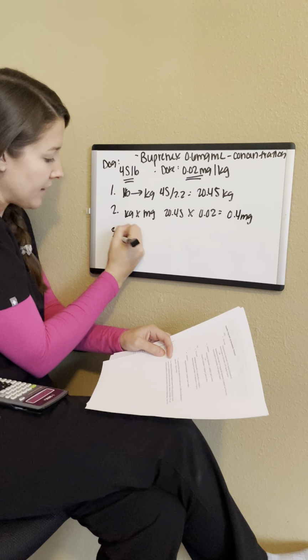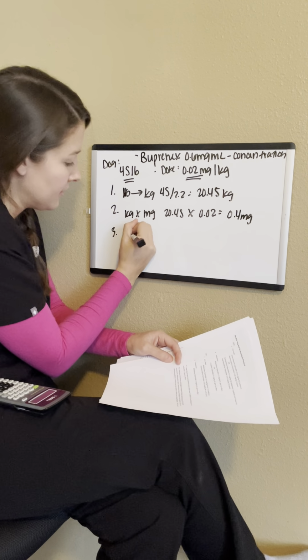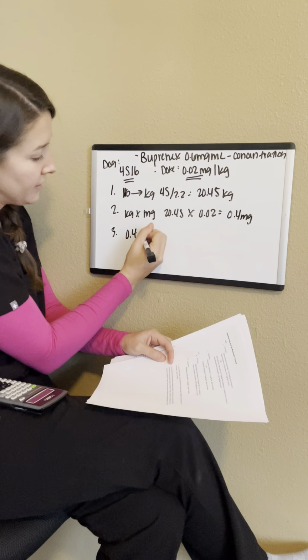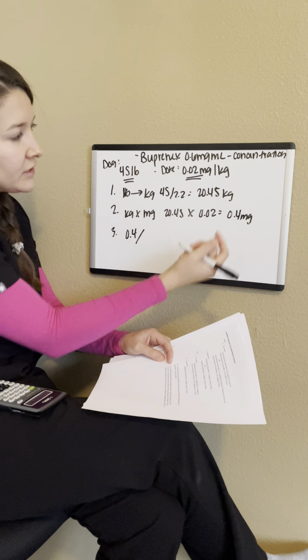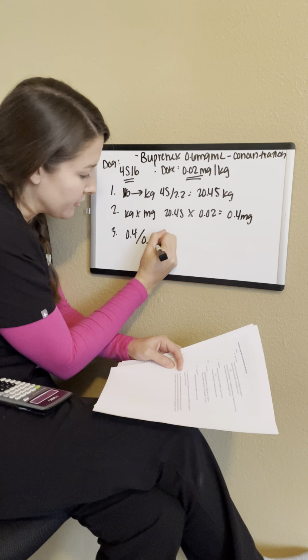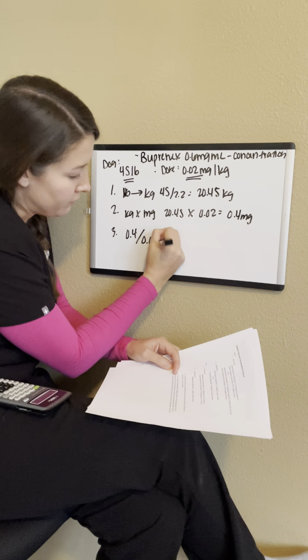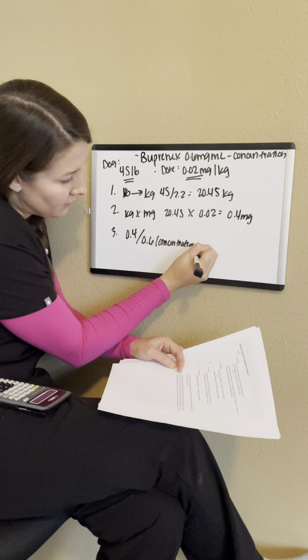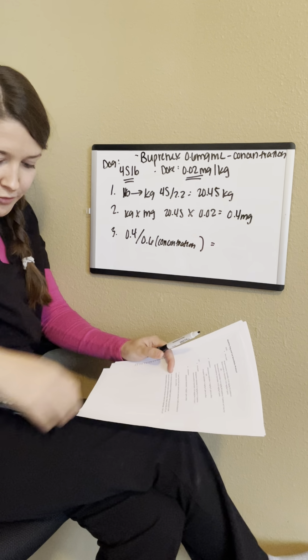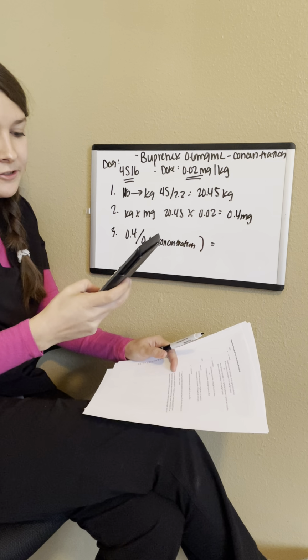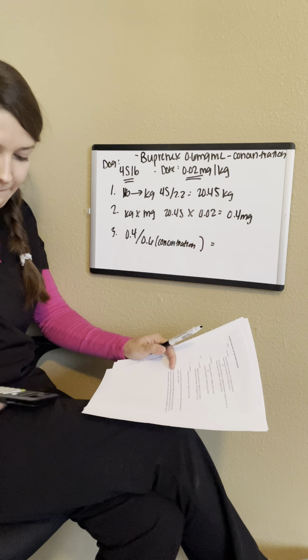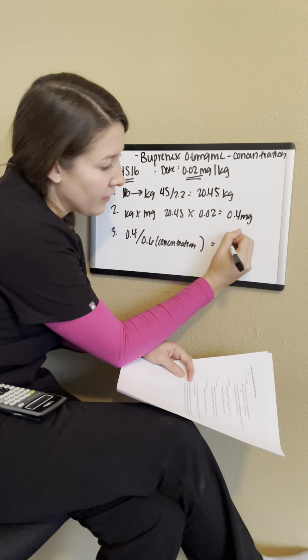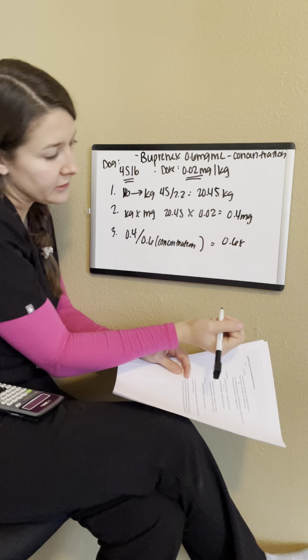And then your third step is just going to take this 0.4 and divide that by the concentration. So that'll be 0.6, which is the concentration. So 0.4 divided by 0.6, that equals 0.68.